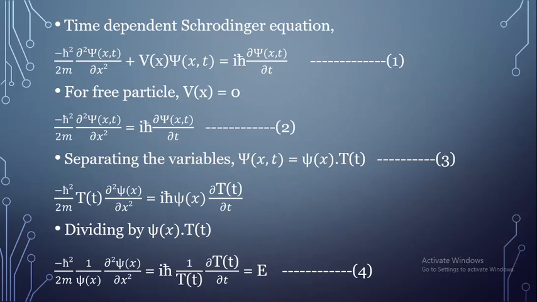We observe here the LHS part, which is minus ħ² by 2m ∂² by ∂x², relates to the kinetic energy, and the RHS part, iħ ∂ by ∂t, is nothing but the total energy. For a free particle, we have seen that the potential energy is 0, which means the particle has only kinetic energy as there is no bondage on it.